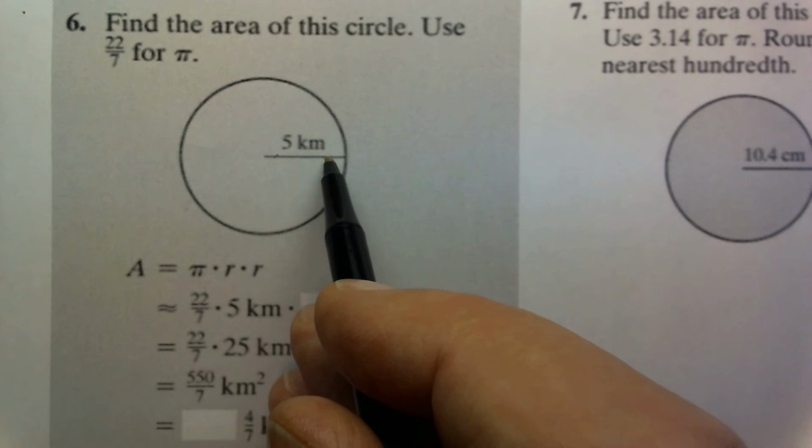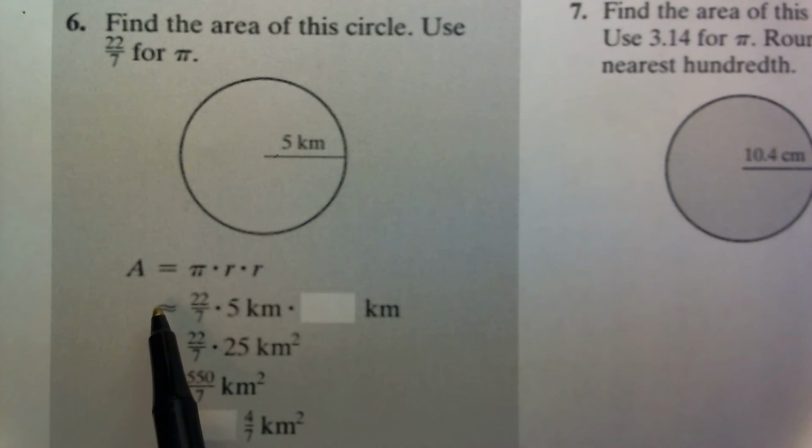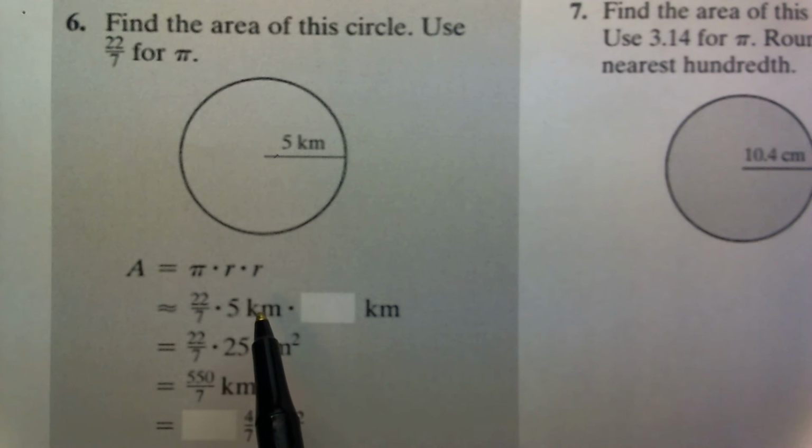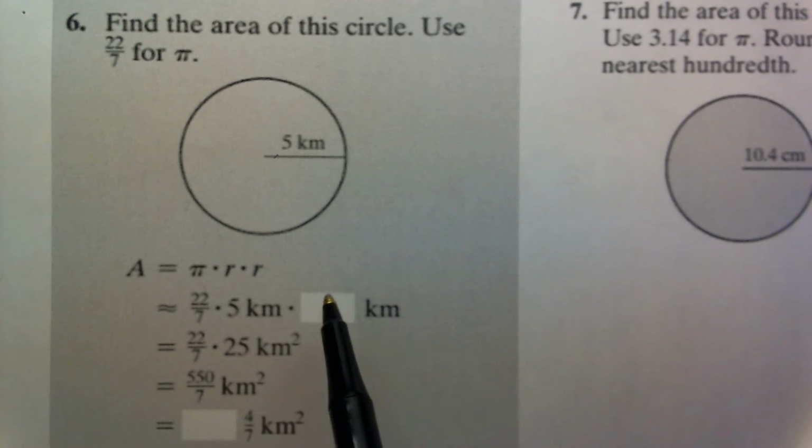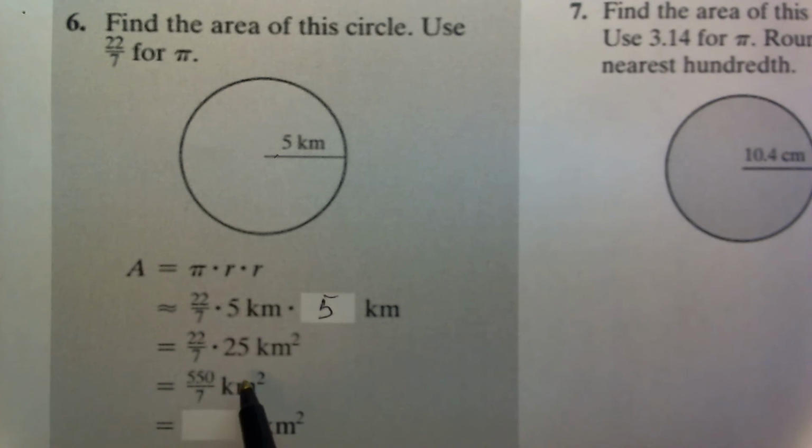The radius is equal to 5 kilometers, and the formula for the area is pi times r squared. So in other words, it's 22 divided by 7 times 5 squared, which is 22 divided by 7 times 25 kilometers squared, and that's equal to 550 divided by 7 kilometers squared, and that is equal to 78 and 4/7 kilometers squared, or square kilometers.